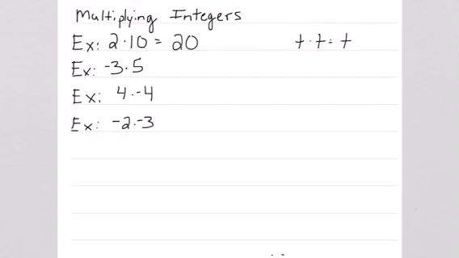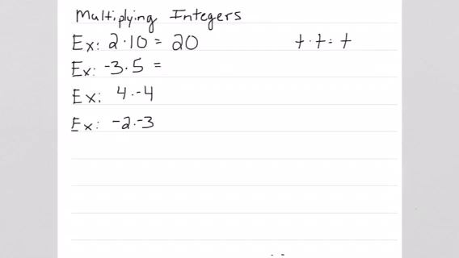Alright, the next one, we do negative 3 times 5, and what we get there is a negative 15. And so anytime I multiply a negative times a positive, I'm going to get a negative answer. Alright, next one, 4 times negative 4, well that's negative 16.